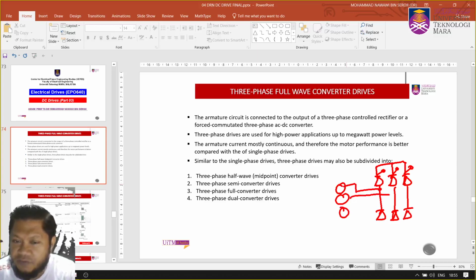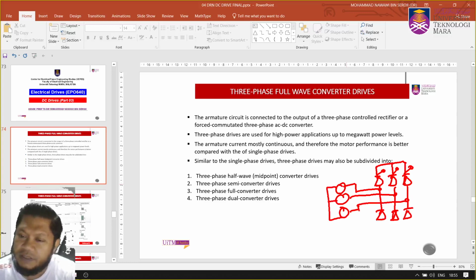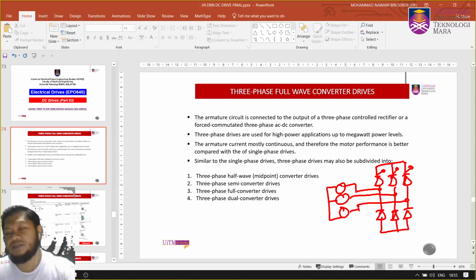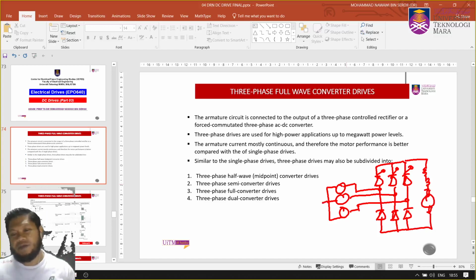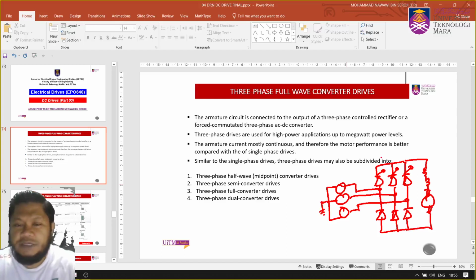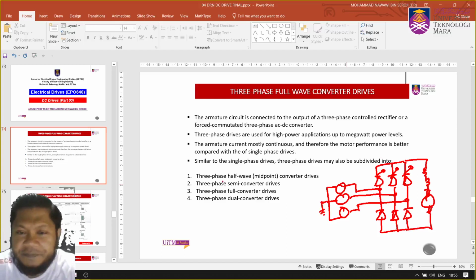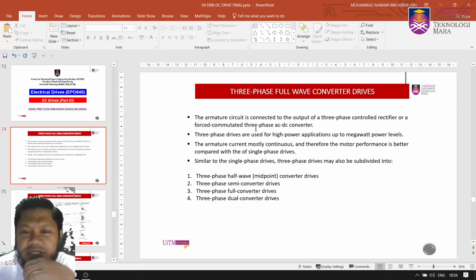So this is half control or semi converter 3-phase rectifier. Okay, so you only have the top group as thyristor, the bottom group is diode. That will connect to the armature circuit.